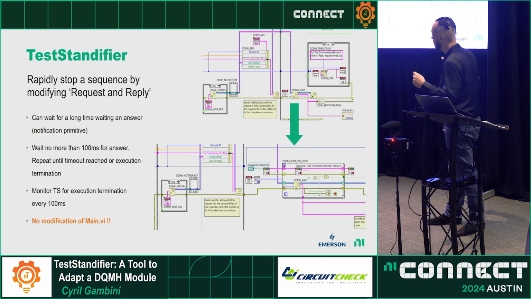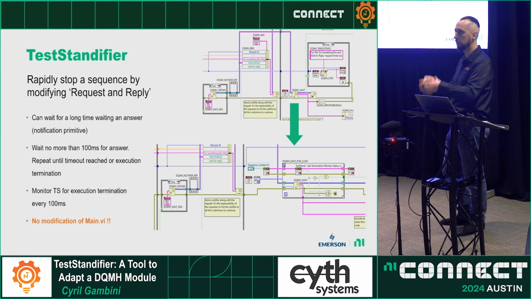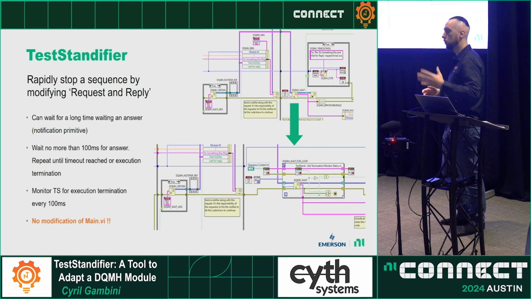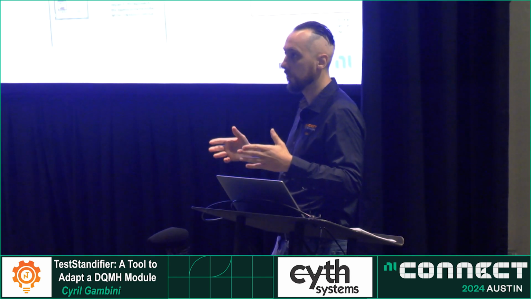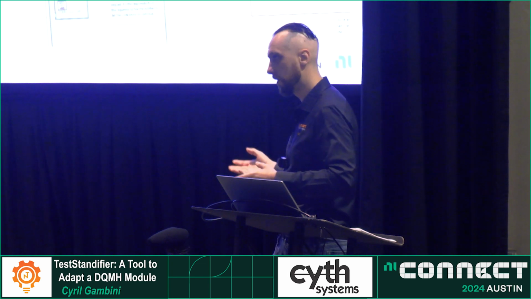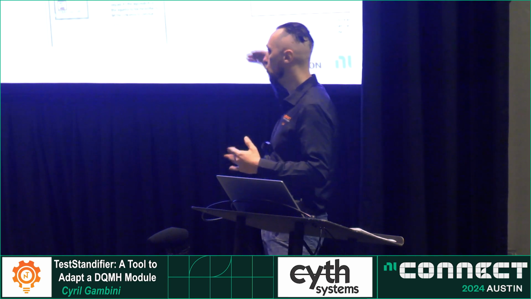But it means that you are modifying an IP that was already validated before. So you change the main VI, which I do not want to. We know that your module is working, you've tested it, and you decided to use it in TestStand. I don't want to change the main VI, which is the core of your DQMH module. So instead, we change the way the request and reply is handled.